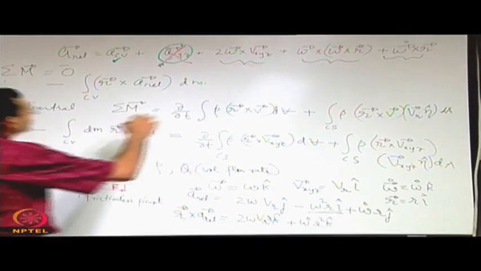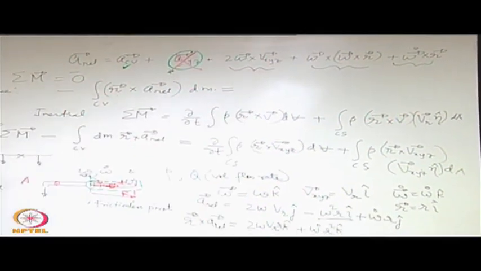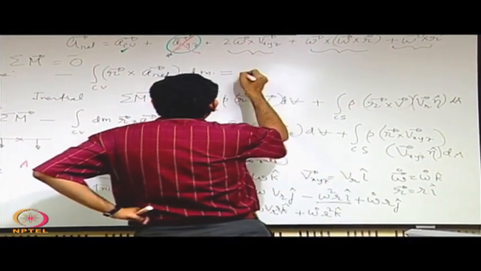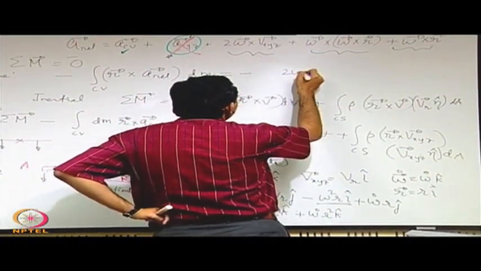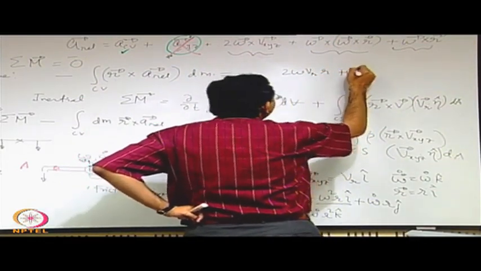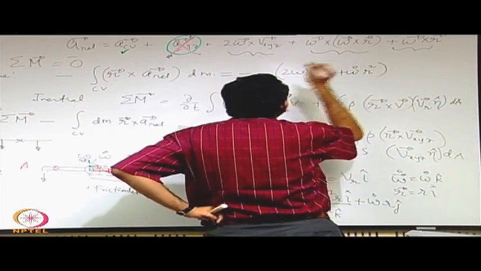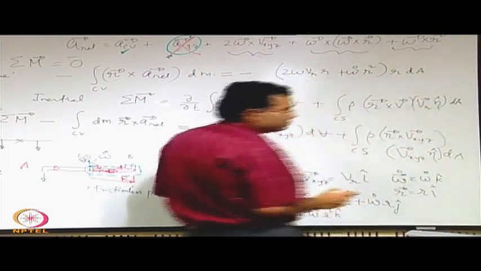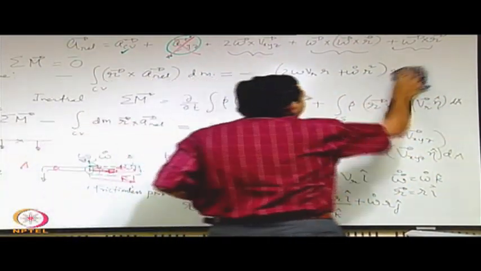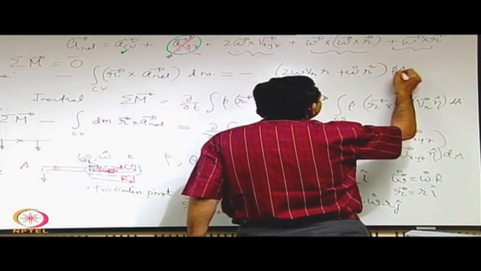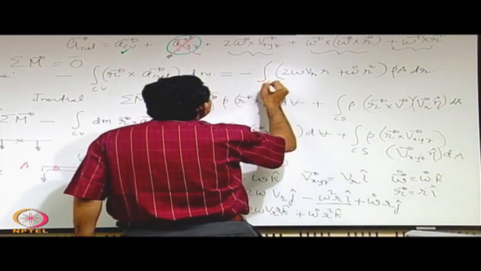So, when you write this particular term, now we are in a position to write it in a proper integral form. So, that will be minus of 2 omega V r plus omega dot r square into r, sorry, rho A dr, that is dV, from 0 to capital R, right.